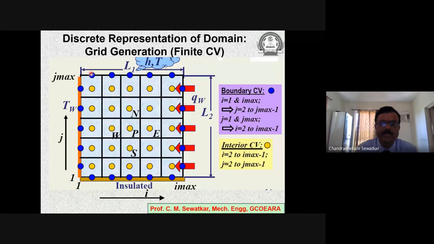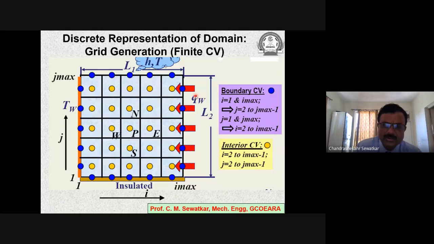Top boundary similarly is represented as I is equal to 2 to Imax minus 1 and J is equal to Jmax. The bottom boundary is represented as I is equal to 2 to Imax minus 1 and J is equal to 1. So this is my boundary. So this is a discrete representation of the domain and the nomenclature of the cell centers using running indices I and J.